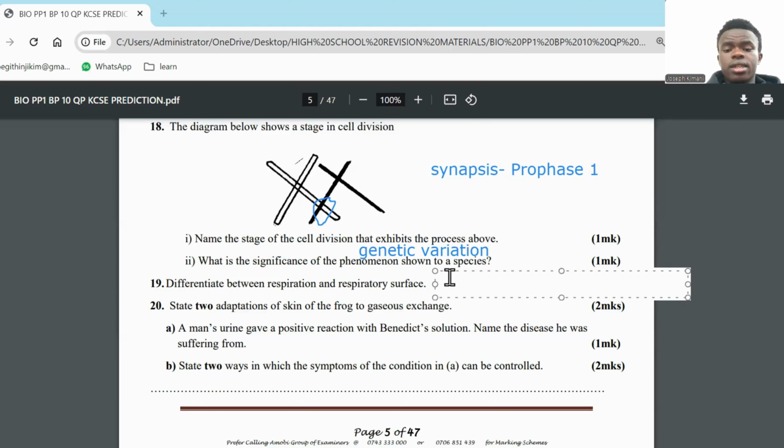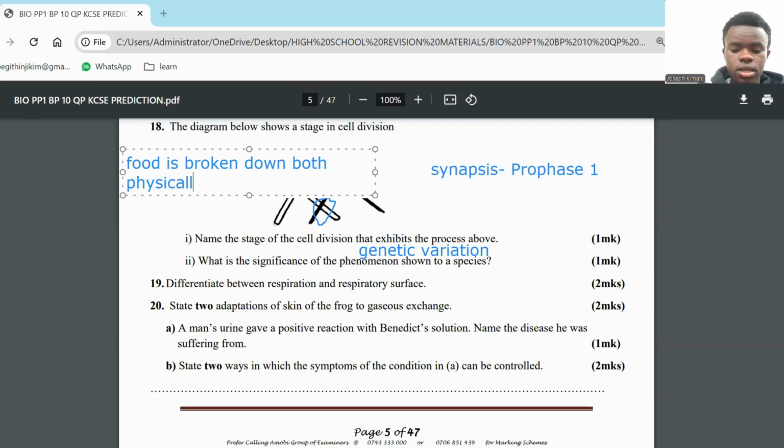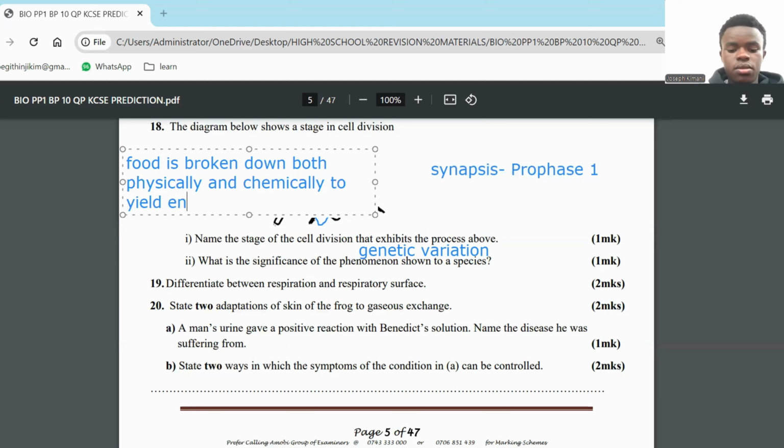When you are asked to define respiration, it is the process by which food is broken down both physically and chemically to yield energy. So that's what you talk of as respiration.